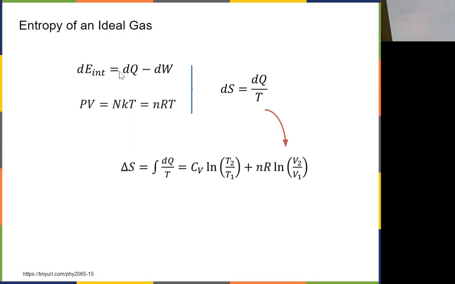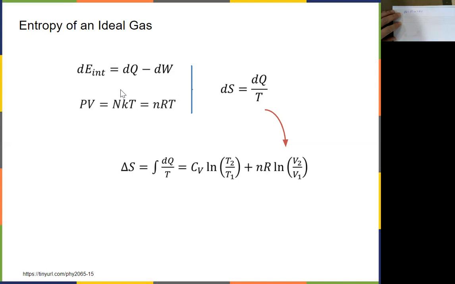All right, so let me show you where the result is from. From the first law of thermodynamics, you can write dq from the first equation there. So dq equals dE plus dW.